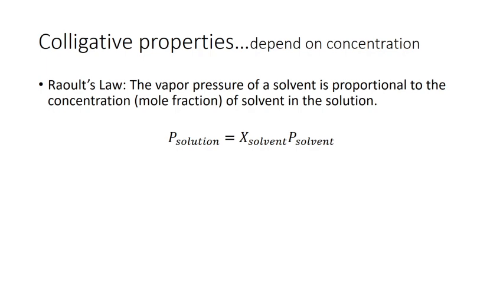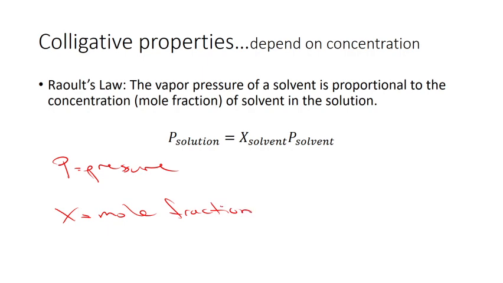So now we're going to talk about some colligative properties, specifically two things. The first being Raoult's law, and this deals with the vapor pressure of a solvent and how it is proportional to the concentration or mole fraction of solvent in the solution, where here P is pressure and X is mole fraction.